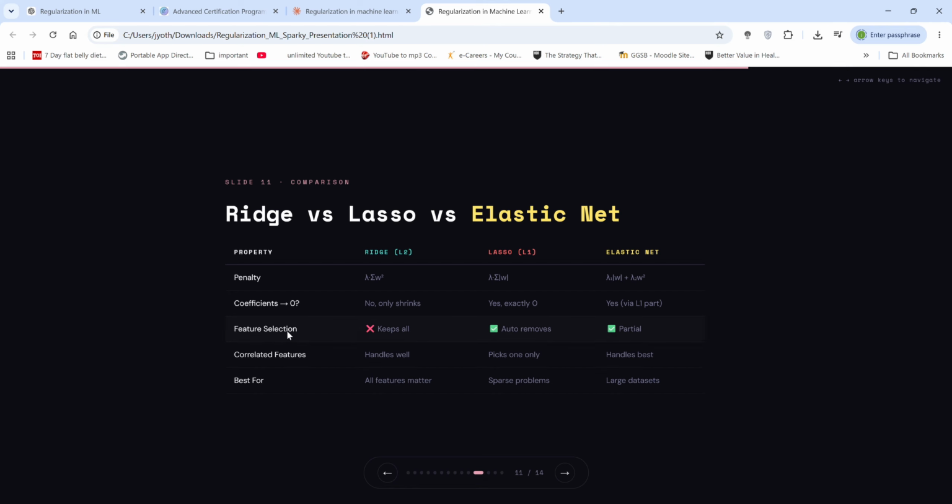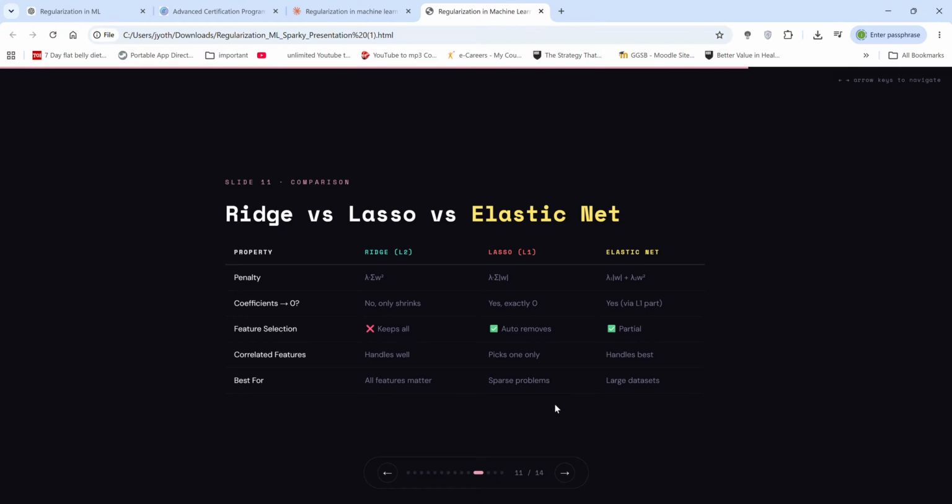In feature selection, ridge keeps all the features and doesn't remove them automatically, whereas lasso automatically removes the features whose coefficient is exactly zero. And in elastic net we keep both. Then in correlated features, ridge handles them well, whereas lasso only picks one, and elastic net handles them best.